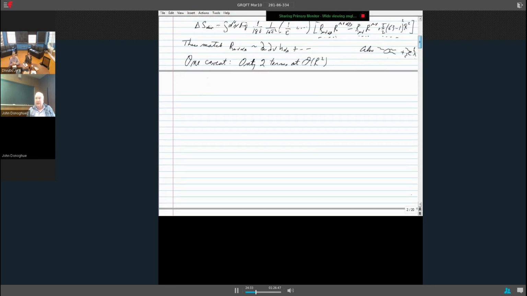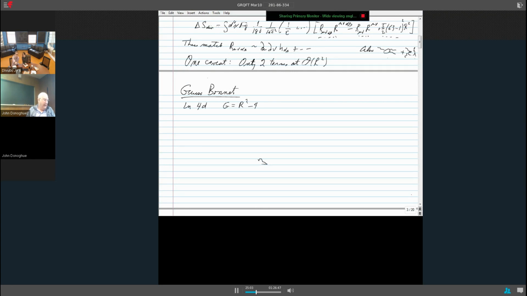There is one caveat. There's really only two terms. Oh, the curvature squared. Okay, I did write out that's the correct A2 coefficient.